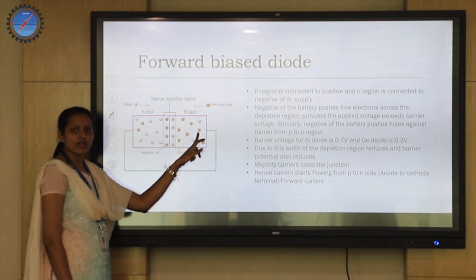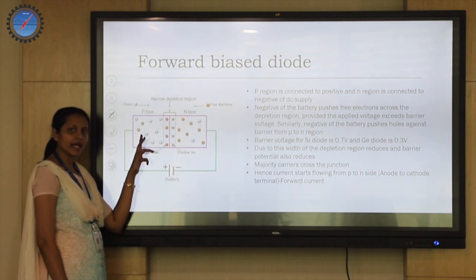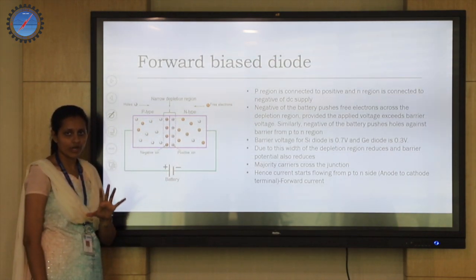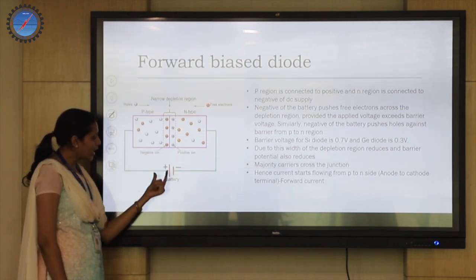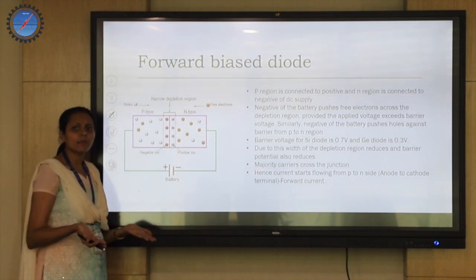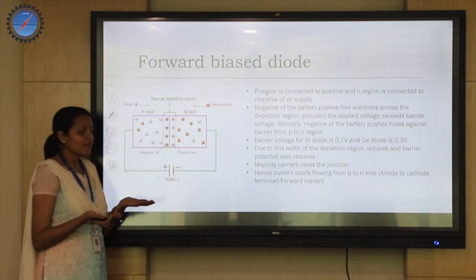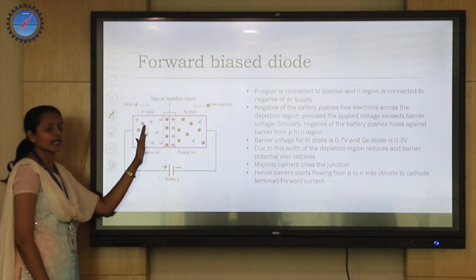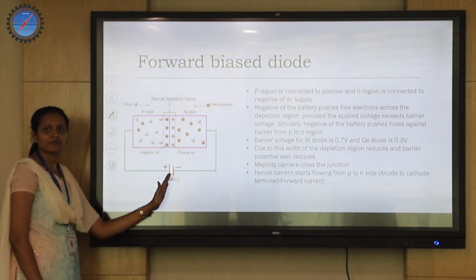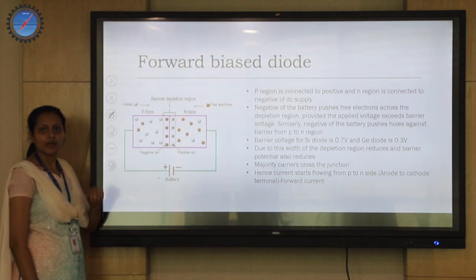So the electrons move from this side, N type, to P type, provided the applied potential is greater than the barrier. If the applied potential is greater than the barrier, then the electrons move from N side to P side and back to the battery.